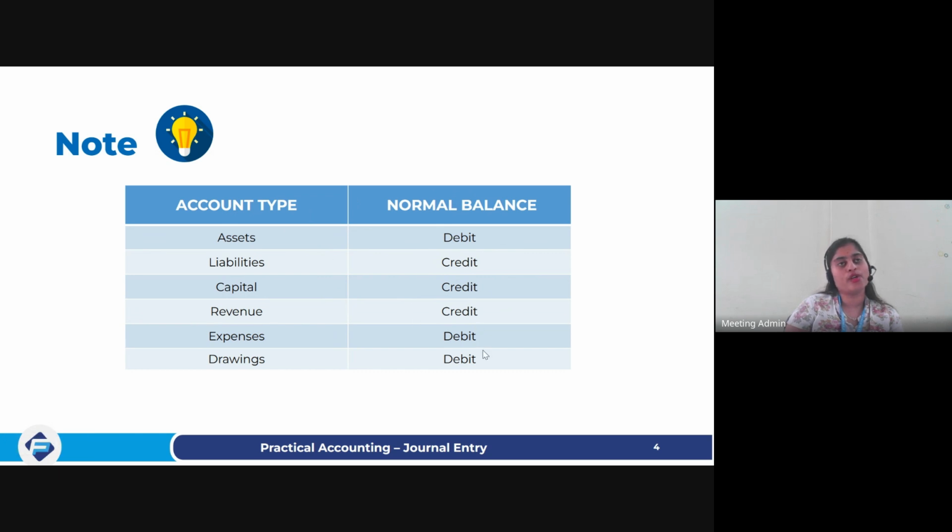Expenses, you record in the debit. And drawings, you record in the debit. These we discussed in the last class. The same thing, they have given as a note for your reference. It's very important. Which accounts come on which side, whether the debit side or the credit side, this is how you're going to analyze. Is that clear, Banu?